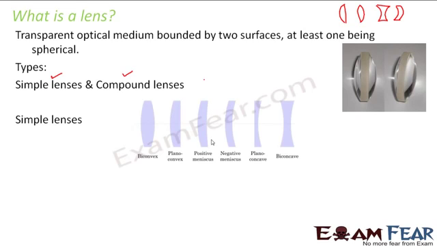This is made up of one concave and one convex, so it is called positive meniscus or concavo-convex. Similarly, this is made up of two convex, so this is known as negative meniscus. This is made of one plane and one concave, called plano-concave. That is made up of two concave and therefore called biconcave. So by combination of different spherical surfaces and plane surfaces, we get these different types of simple lenses.